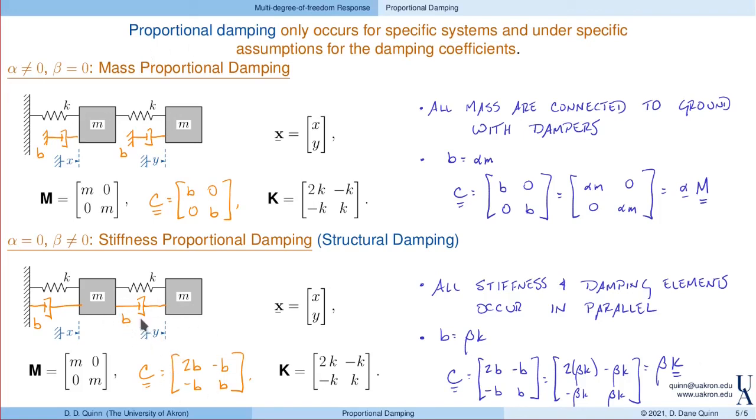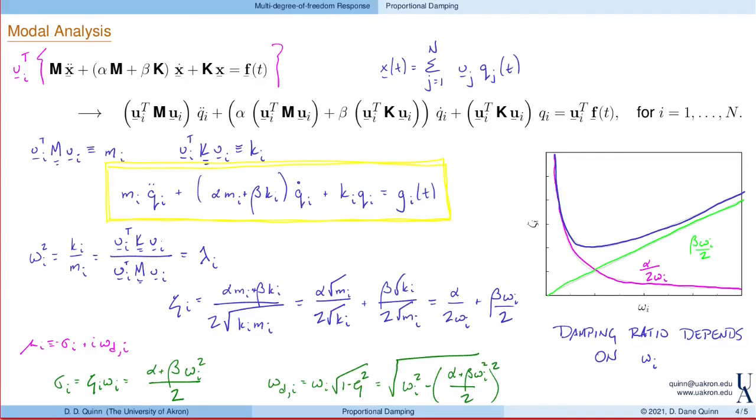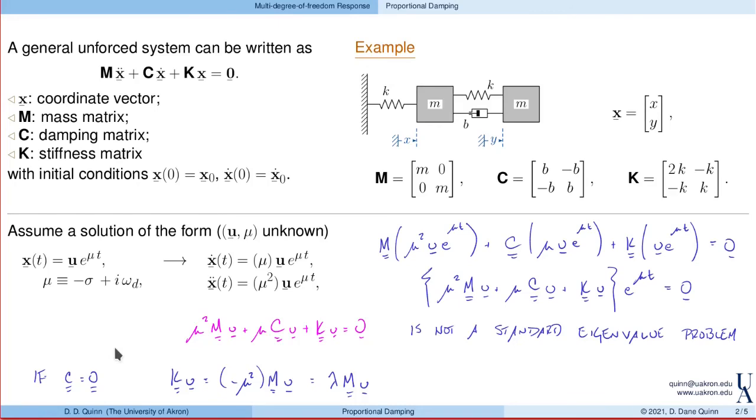In general, proportional damping could contain both of these kinds of examples. But anything that differs from this is no longer proportionally damped. So for example, if you go back and look at that very first example that I gave, this system is not proportionally damped because we have a stiffness and a damper in parallel, but the other spring does not have a damper in parallel with it.